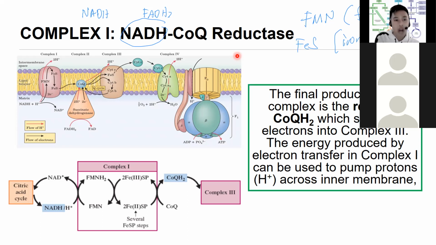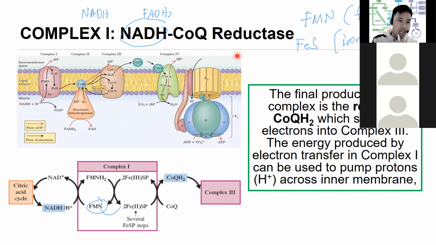So that is the process, class. Upon reaching complex 1, the electrons will first be transferred to your flavin mononucleotide. Afterwards, the electrons will then be transported to your iron sulfur protein. So electron transport is not very complicated. The electrons are just being passed on from one component of the complex to another.